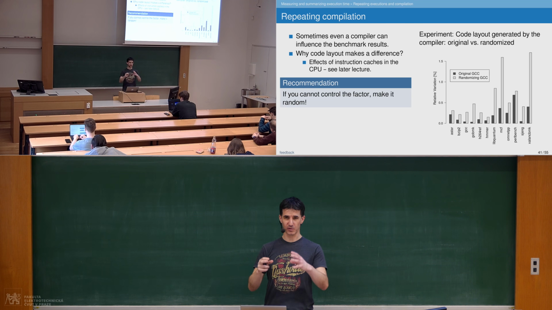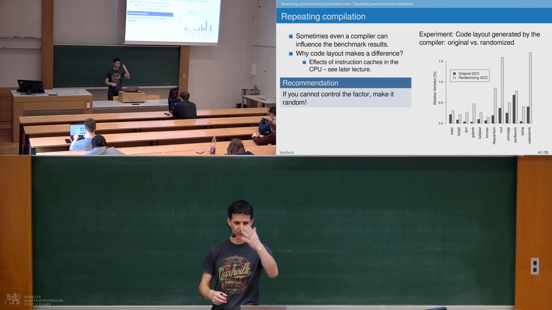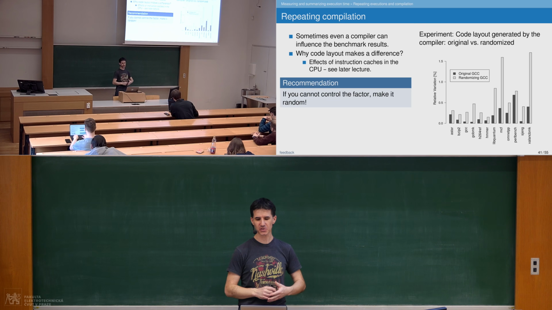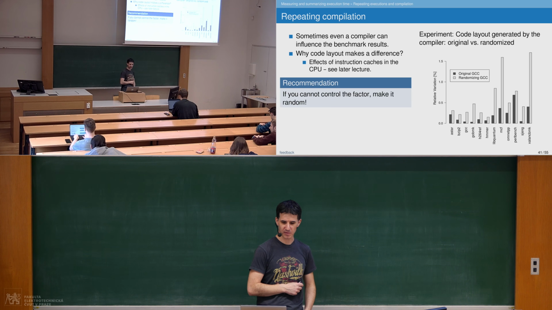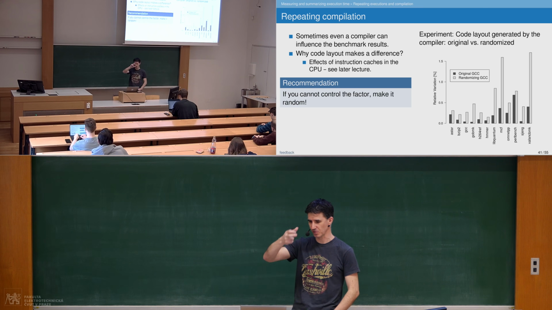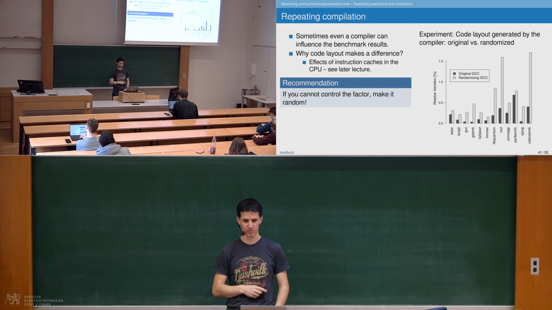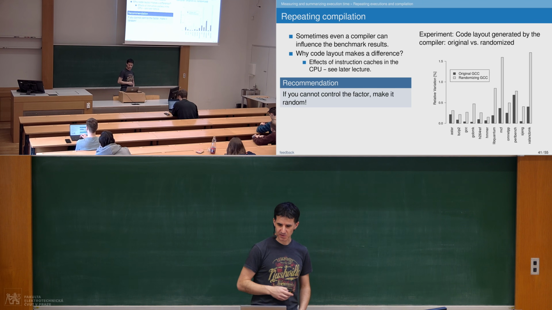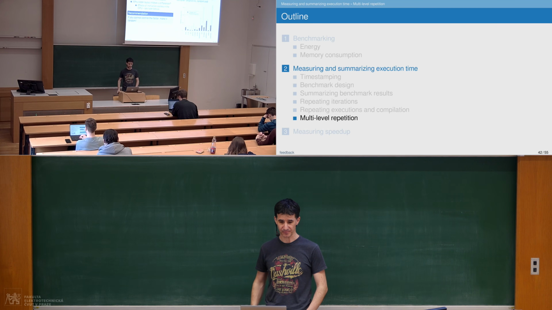Maybe the code doesn't fit into a single page. Maybe it has to go to another page because it's one byte bigger or whatever. And this results in effects where you think your program is faster, but actually it's just the effect of this reordering, or maybe some shifts in the layout of your program in memory. So this is also something to take into account.